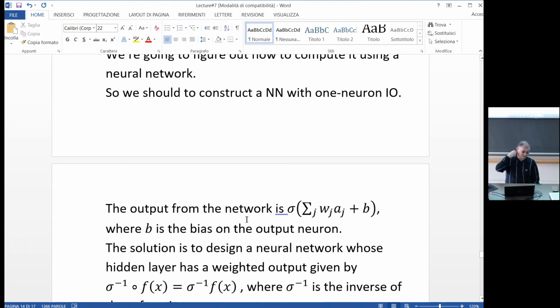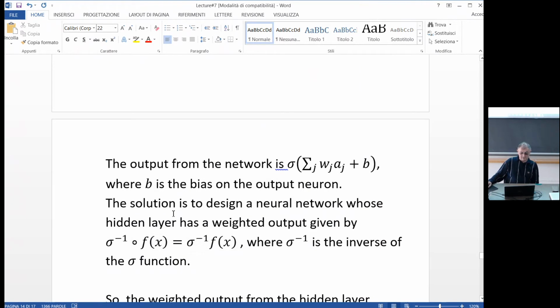And the method is: the output of any node, even intermediate, is sigma, the activation function, of the summation of wj aj, the results in the previous nodes, plus b, the bias in this node.